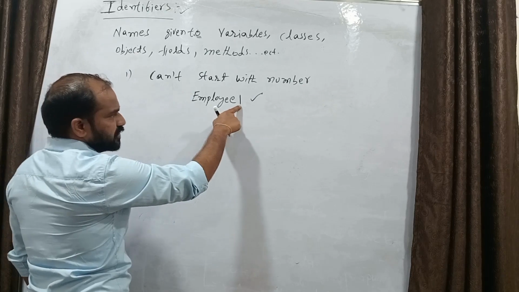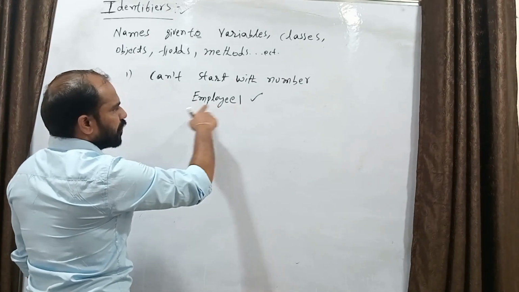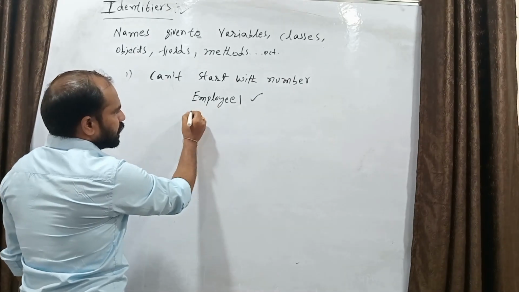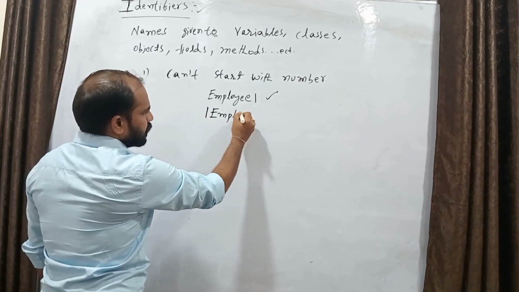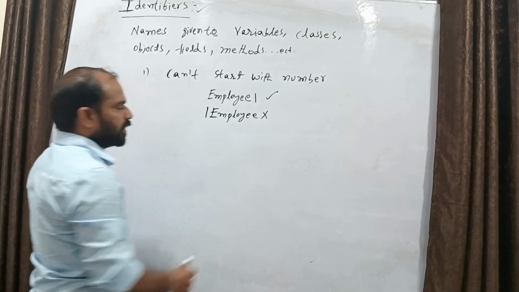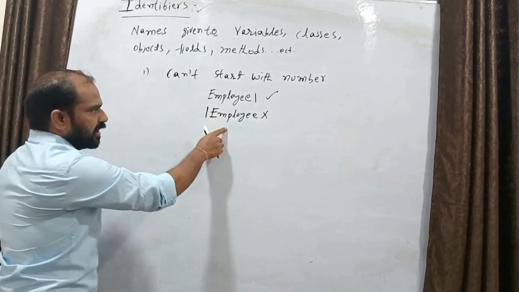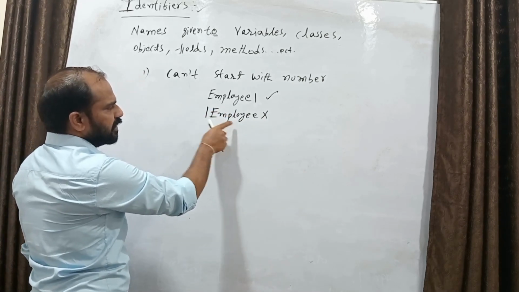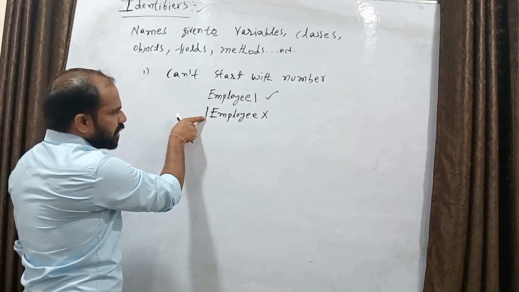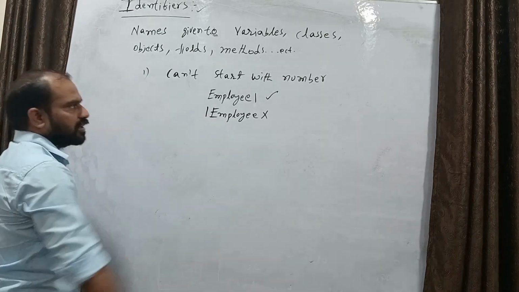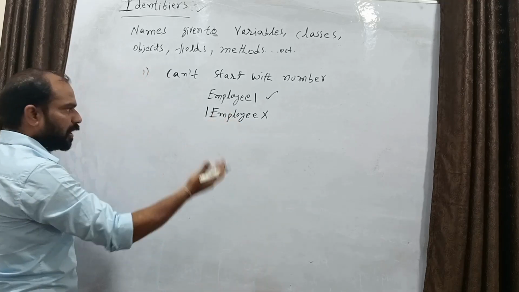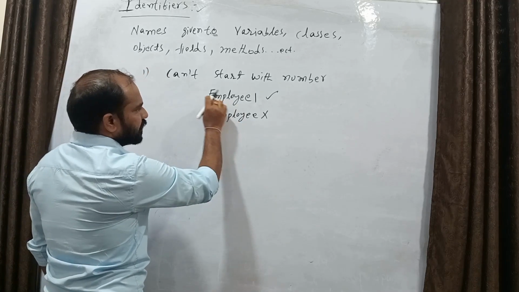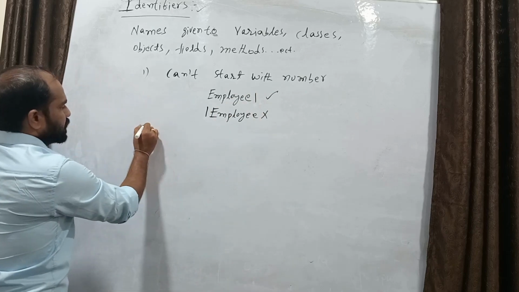Here the digit came after a letter, right? But you cannot start a variable name like this, which is a wrong way, because the identifier name started with a digit. You cannot start an identifier name with a digit. This is the first one, but you can use a number after a letter, right?